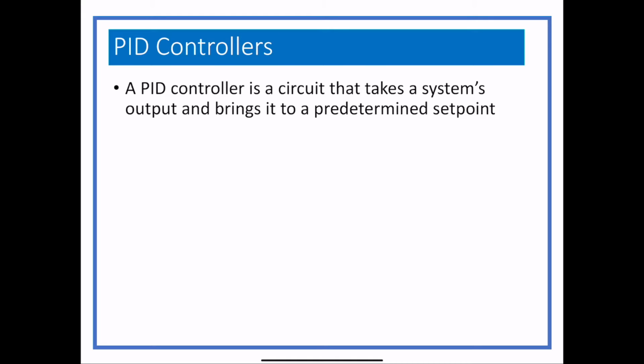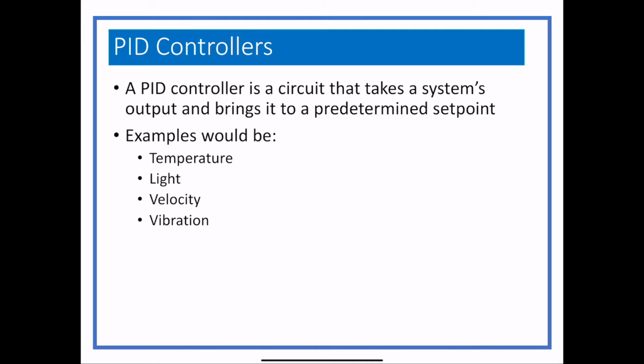So what a PID controller does is it takes a system's output that is variable, that has some kind of movement, and stabilizes it. So if you need a certain set point, say a temperature or light, velocity, vibration, those kind of things, they will take the output and feed it through the circuit and use processes to try to eliminate the variation.